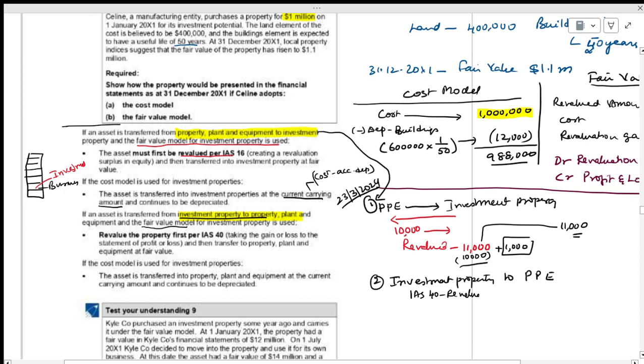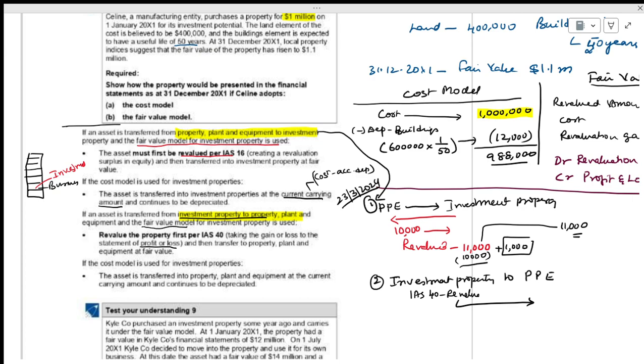Whatever the gain or loss, we have to show it in the statement of profit and loss, and then transfer to property, plant and equipment. Just hold it. Once we do the question, we will understand.